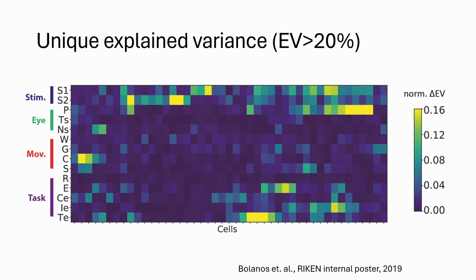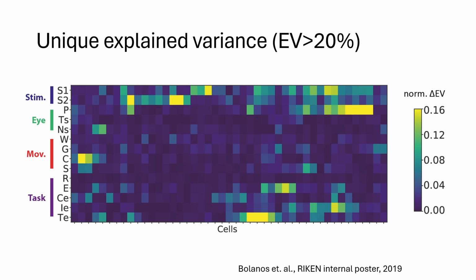And so in this case, if you have a change in explained variance that's 100%, then that means that cell was only being predicted by a single feature, if such a thing happened. But as you can see, my biggest drops might have been like 16% explained variance. What's interesting to me here is that you can find a lot of heterogeneity in terms of what the cells seem to care about.